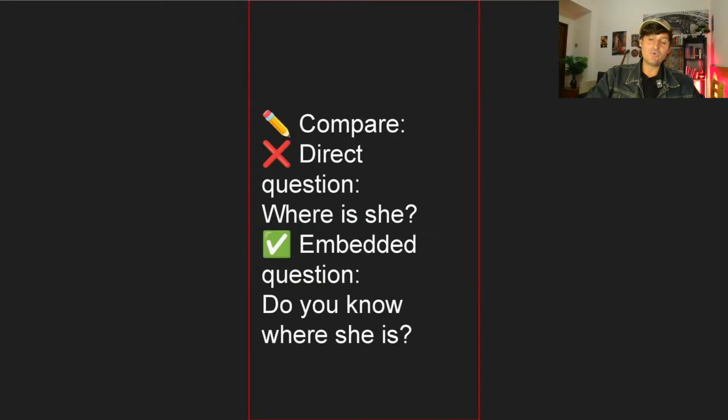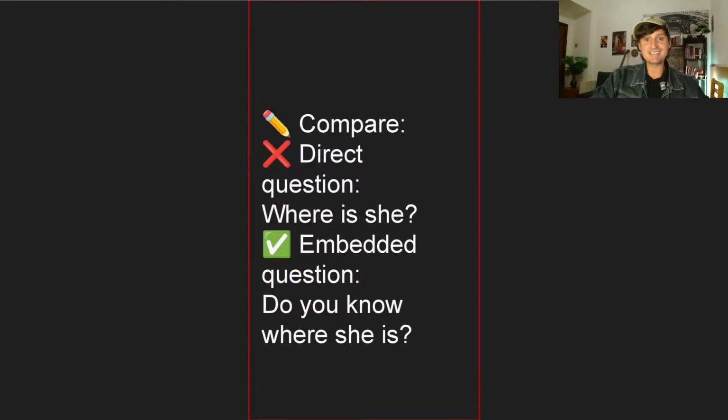Well, before we go into it, let's compare a direct question, a very simple one. Where is she? That's simple, basic English. Now, let's do the embedded one. The embedded question would be, do you know where she is?